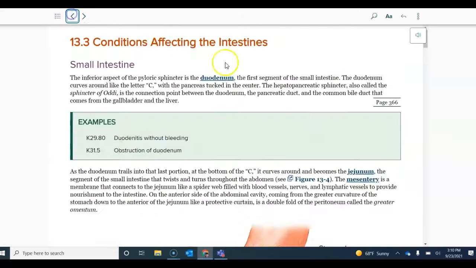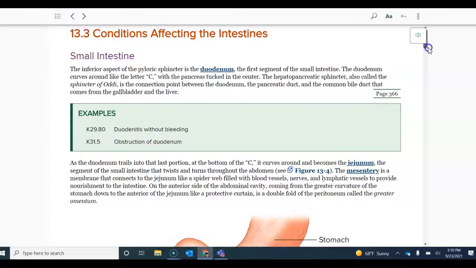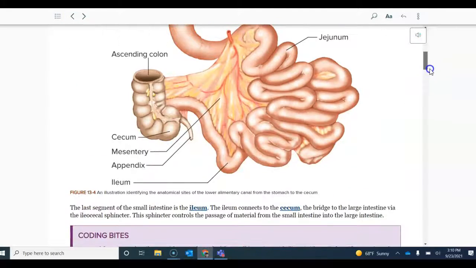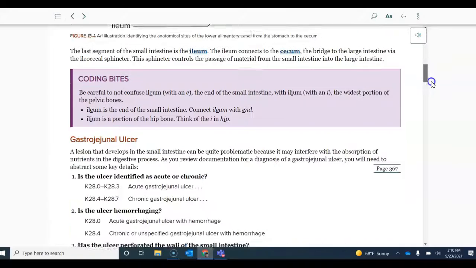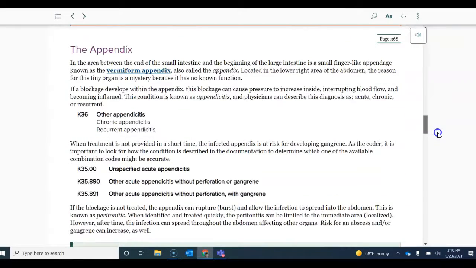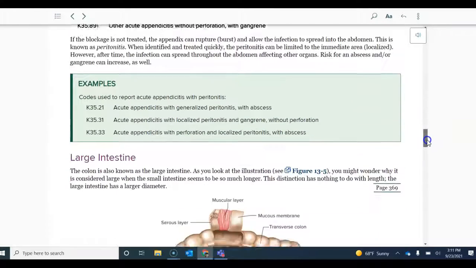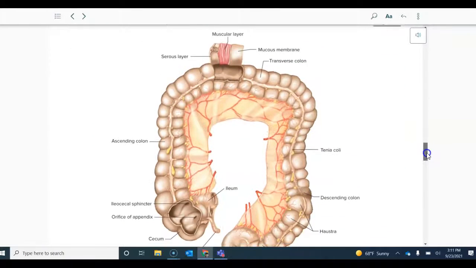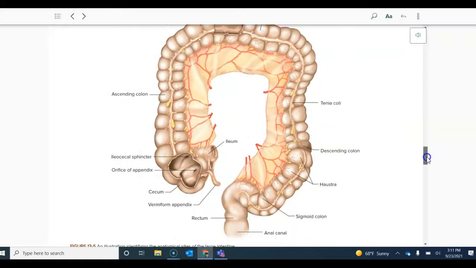Let me go back once for just a second here. So small intestine, and then we get into the large intestine, the appendix. This is where we might have appendicitis. Then we have the large intestine, where you might see diverticulitis, diverticulosis.